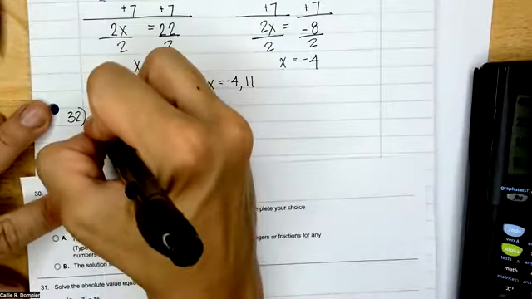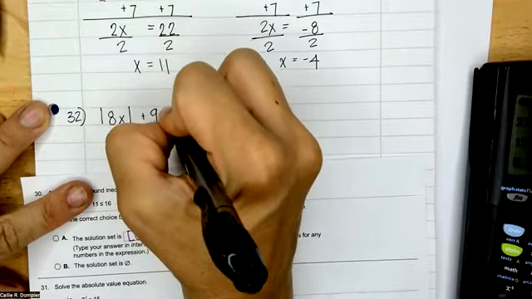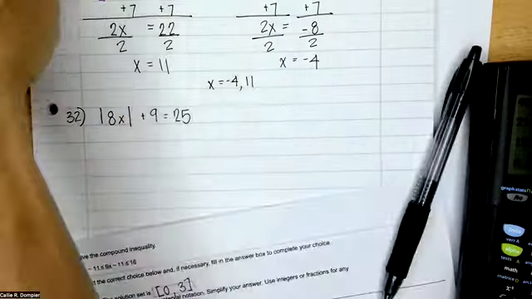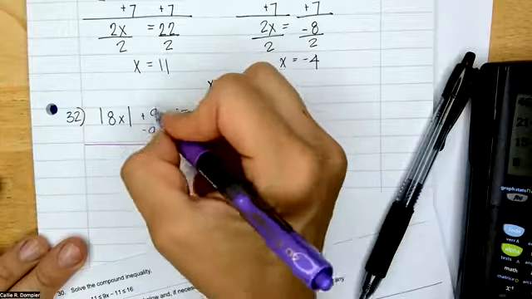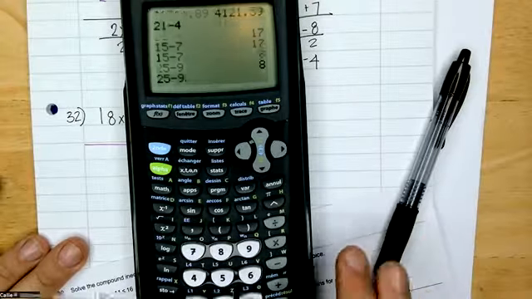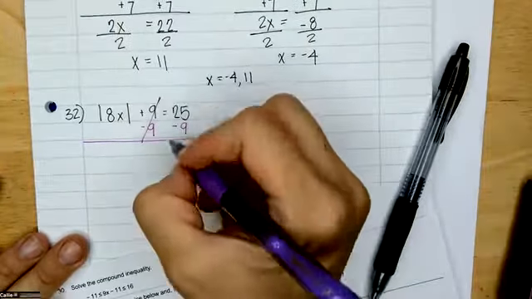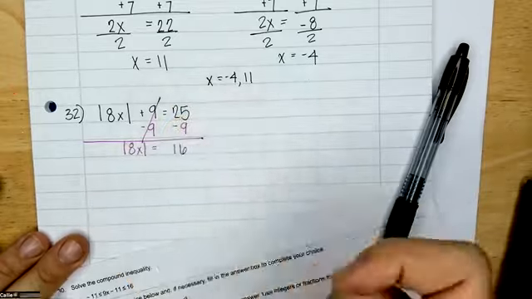32 was the absolute value of 8x plus 9 equals 25. So I'm going to subtract 9 from both sides. 25 minus 9 is 16. The absolute value of 8x equals 16.